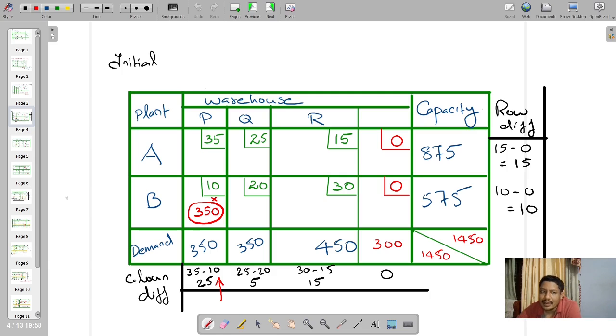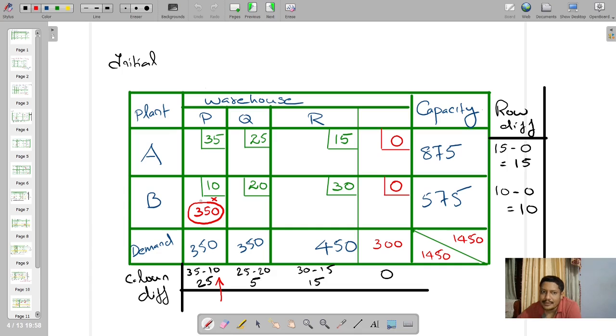So give the assignment to the lowest cost, that is 10 here. If we see the corresponding demand and capacity, 350 is the demand and 575 is the capacity. So allocate that 350 over there.